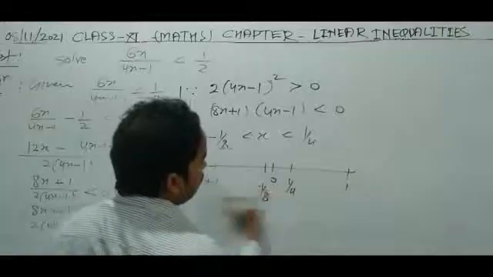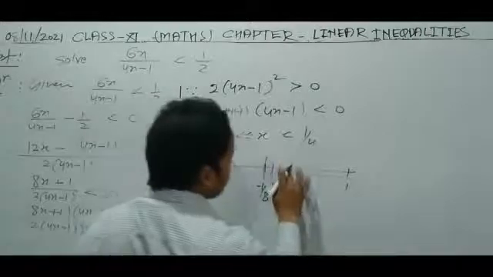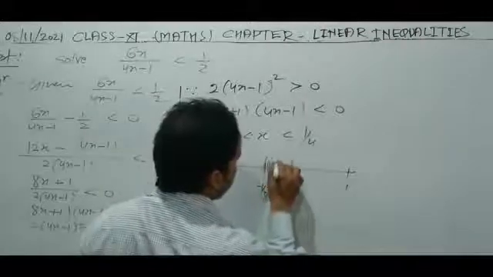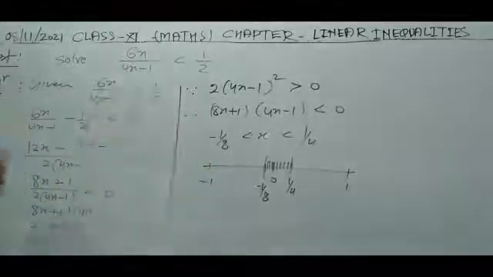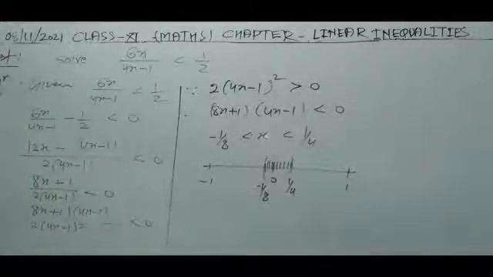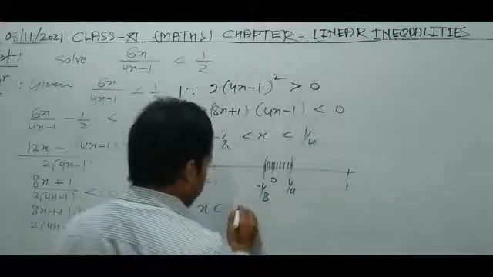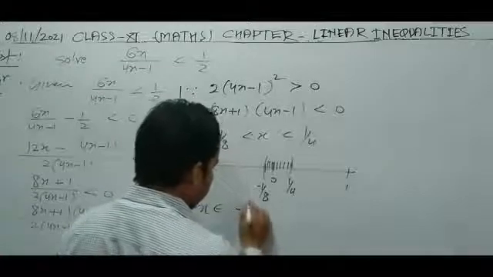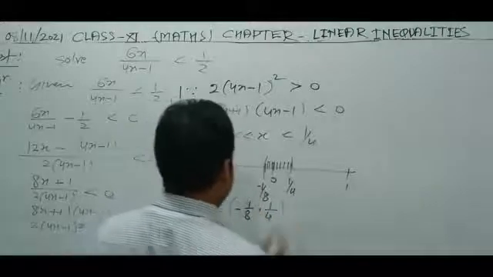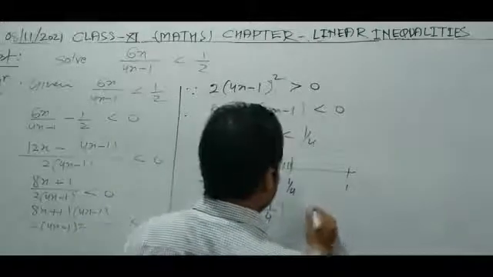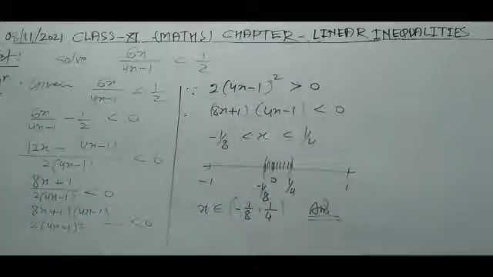And now the interval is from minus 1 by 8 to 1 by 4. So we can write x belongs to minus 1 by 8 to 1 by 4. This is the answer.